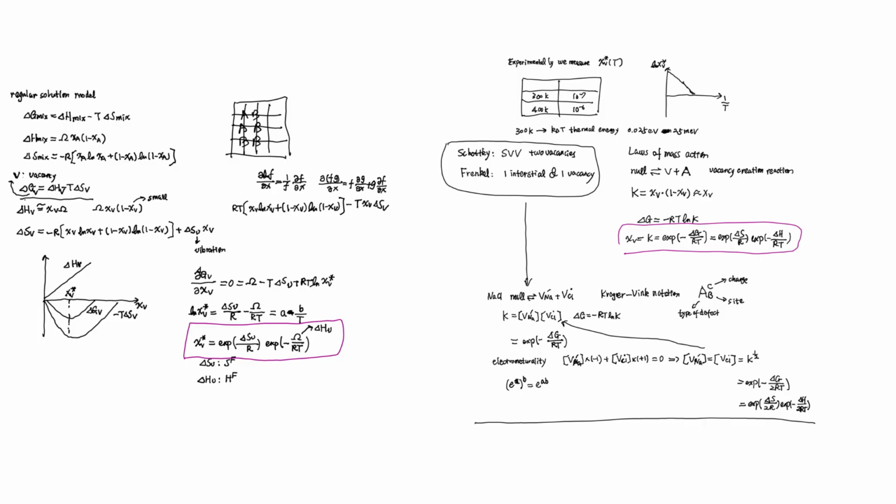Another method would be, so I'm going to circle this because we're going to come back to this later, the other method would be to use what's called the law of mass action. So this is what it means. I'm going to write down a chemical equation. Okay.